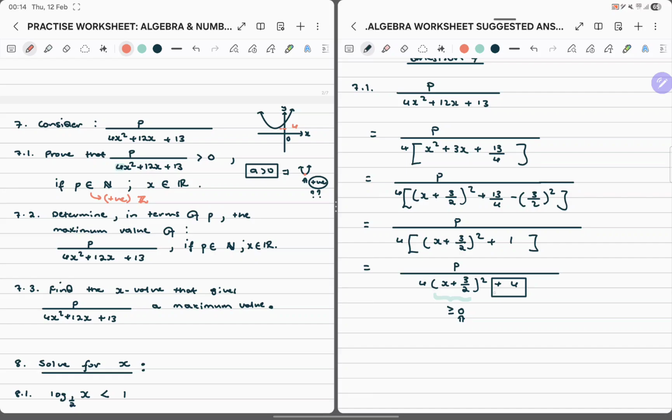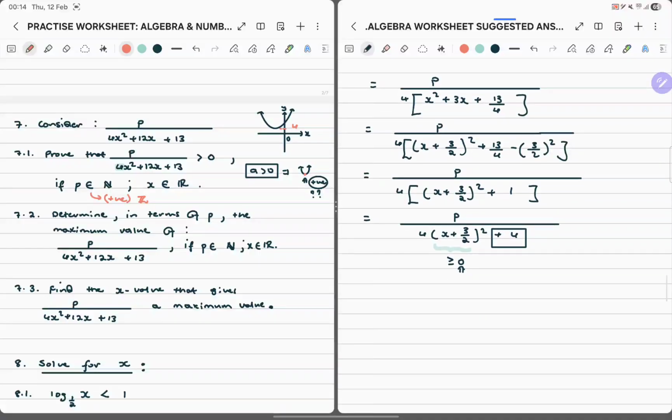So now in this case, seeing that the minimum value of this graph is positive, we can make the conclusion.